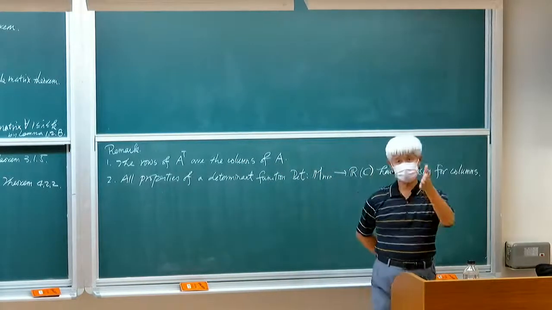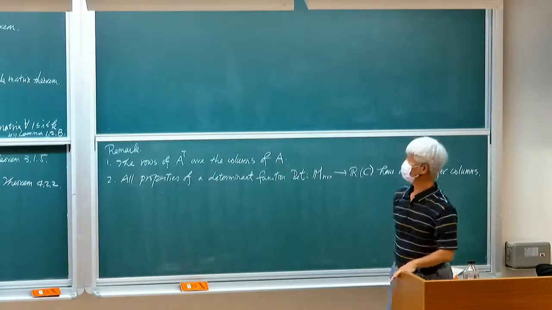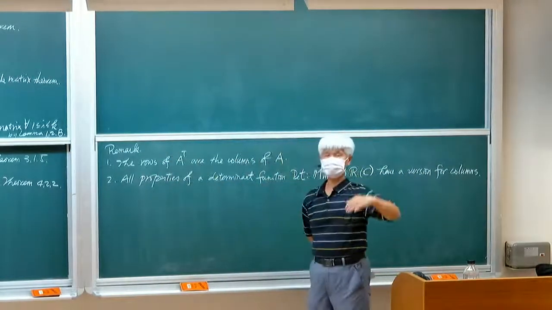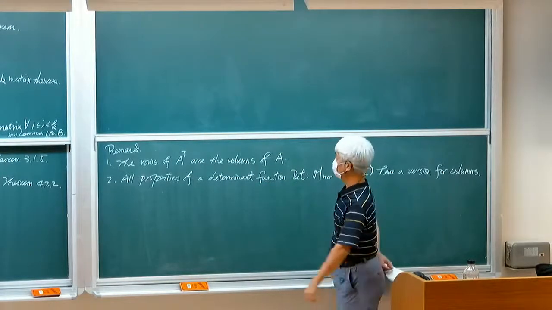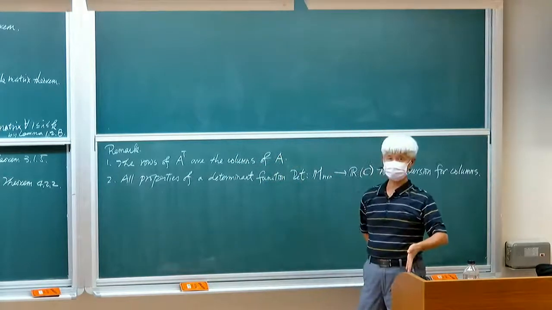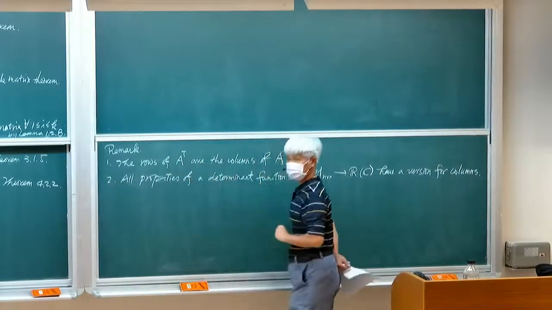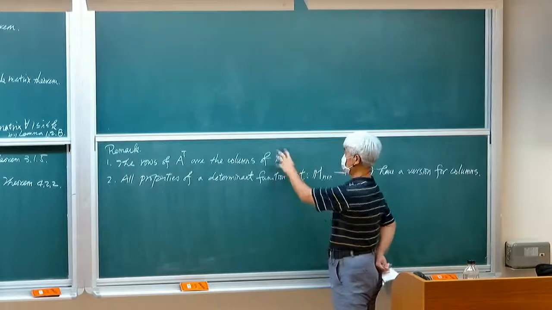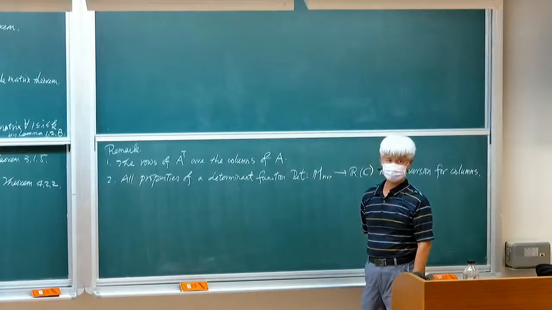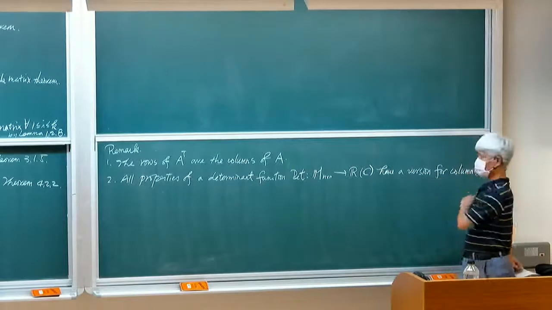So if you have two equal columns, then this matrix has determinant 0. If A transpose has a 0 row, its determinant is 0, so that means that if A has a 0 column, then its determinant is 0 too. So every property of the determinant function has a version for columns.